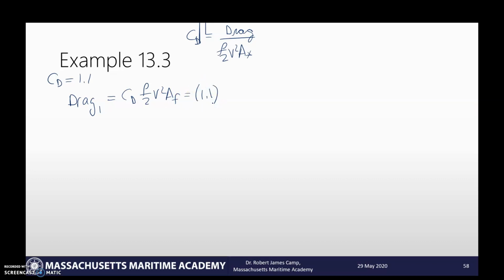I have wind. I have to look up what the density of air is, and we're going to use 0.0024 slugs per cubic feet. And divide that by 2.